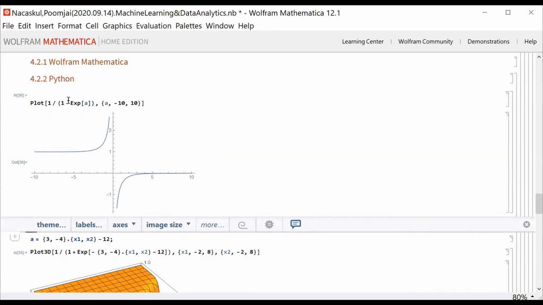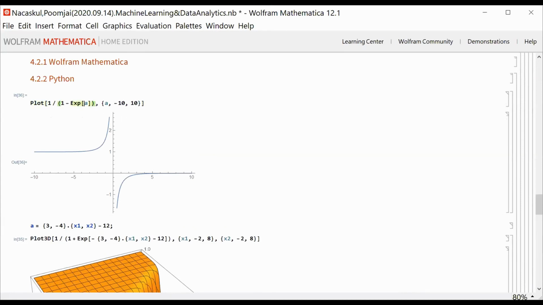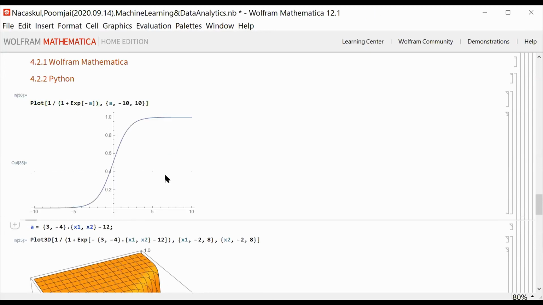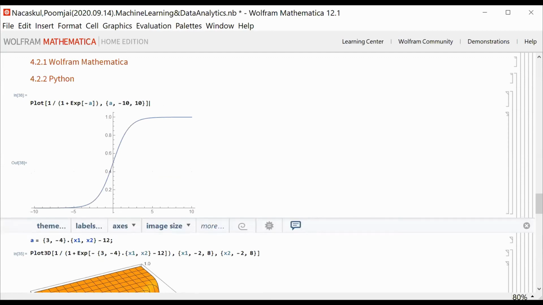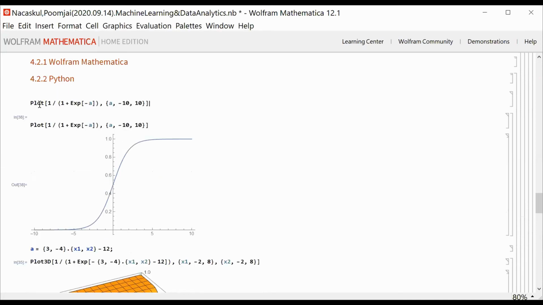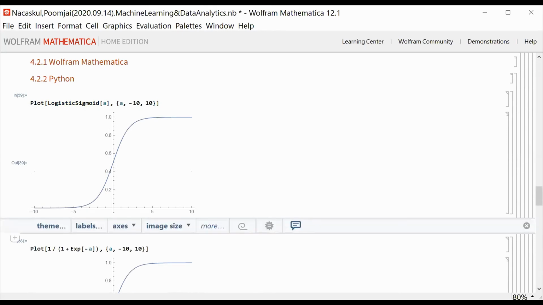If I didn't want to type this, I can do this: logistic sigmoid a. Get the exact same line.